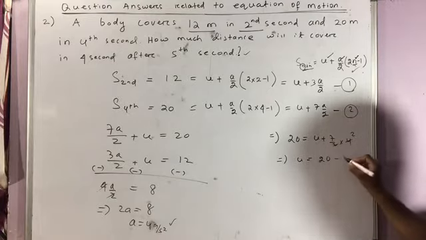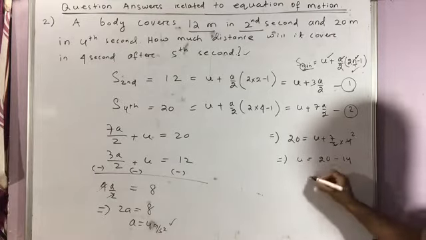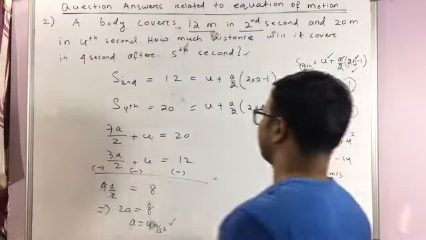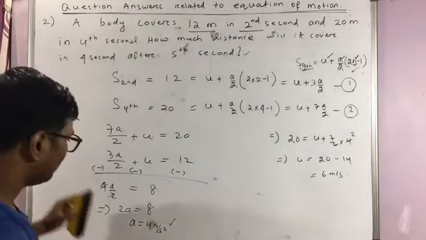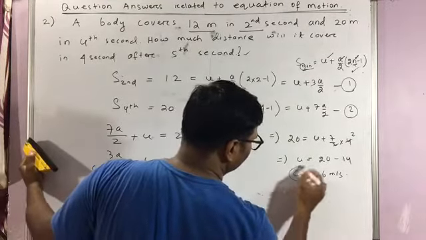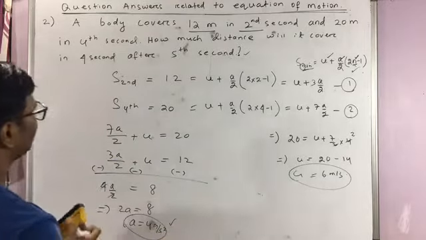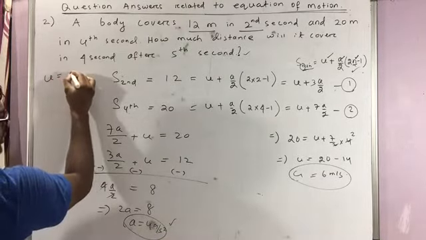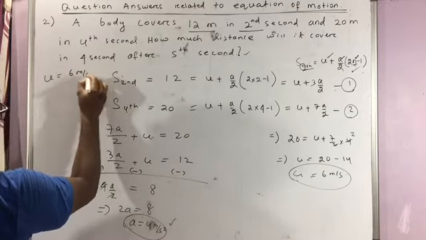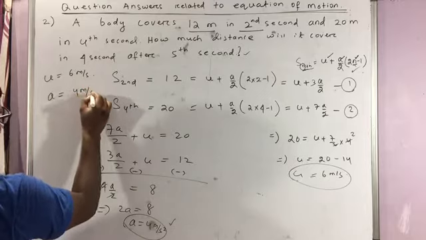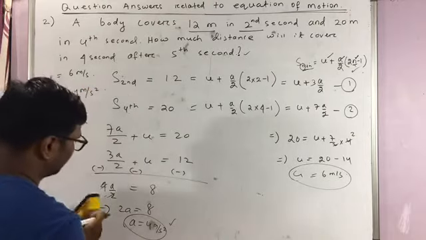So which is your 20 minus 14, which is 6 meter per second. So now from these two equations we got the value of your acceleration and your u. U means initial speed. That we will note down. So here u is 6 meter per second and acceleration is 4 meter per second square. Now let us solve it.